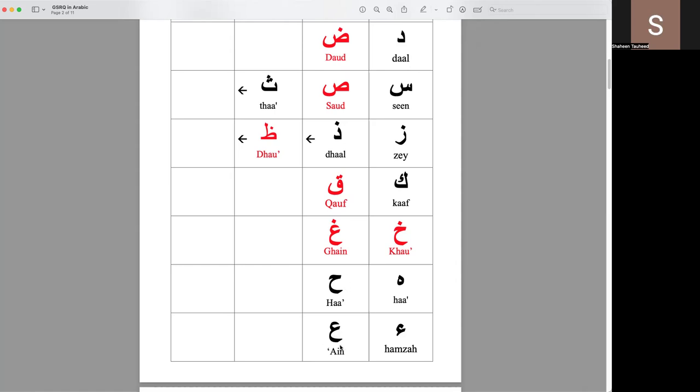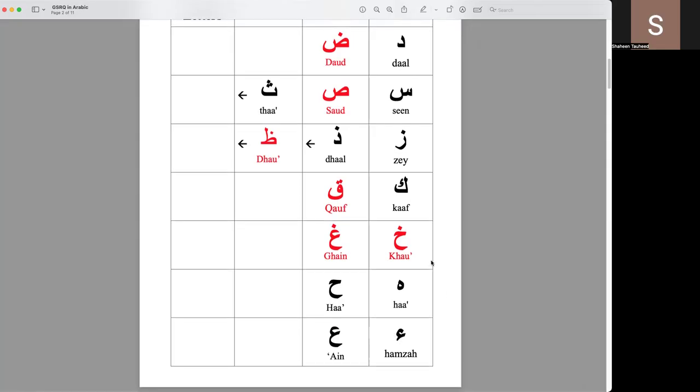But if you put your finger on the Adam's apple, you will feel it move. Hamza, Ain, Hamza, Ain, Hamza, Ain. This makes the sound of A, and this is A. This opens the throat. This one is just starting from a stopping place.